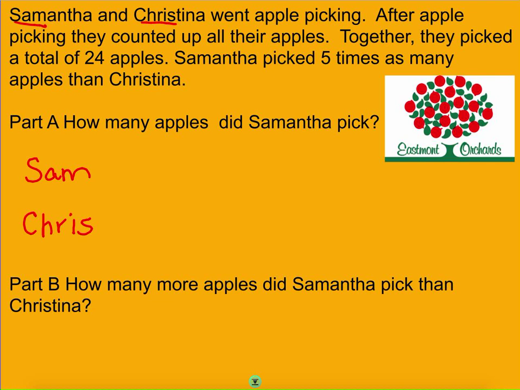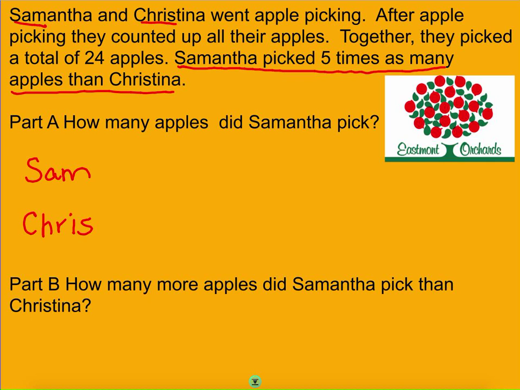And now that I identified what's being compared, I automatically go to the sentence. Nothing changes. These steps are the same. It's the sentence that helps me to draw my bars, which is the sentence that contains the times as many phrase or times as much as. So in reading this question, I see the sentence that says Samantha picked 5 times as many apples than Christina.